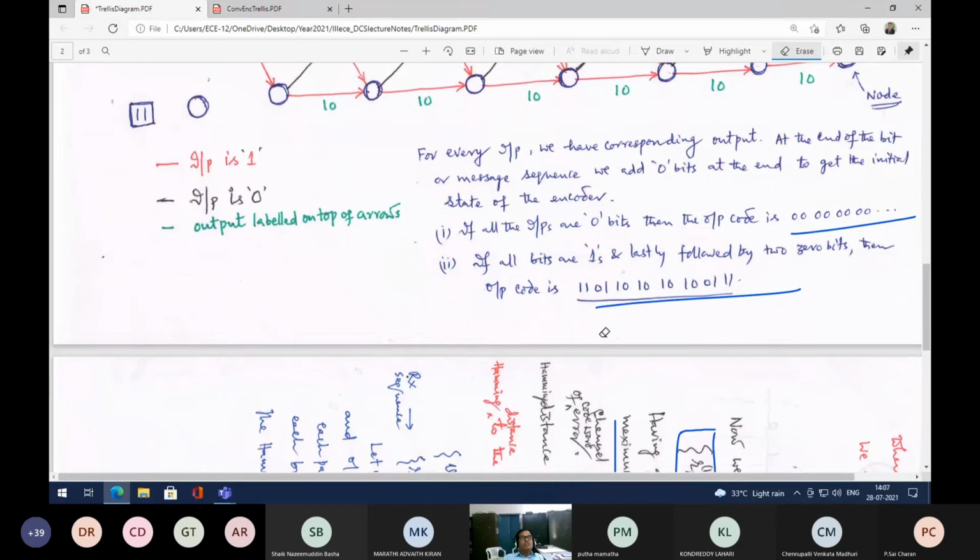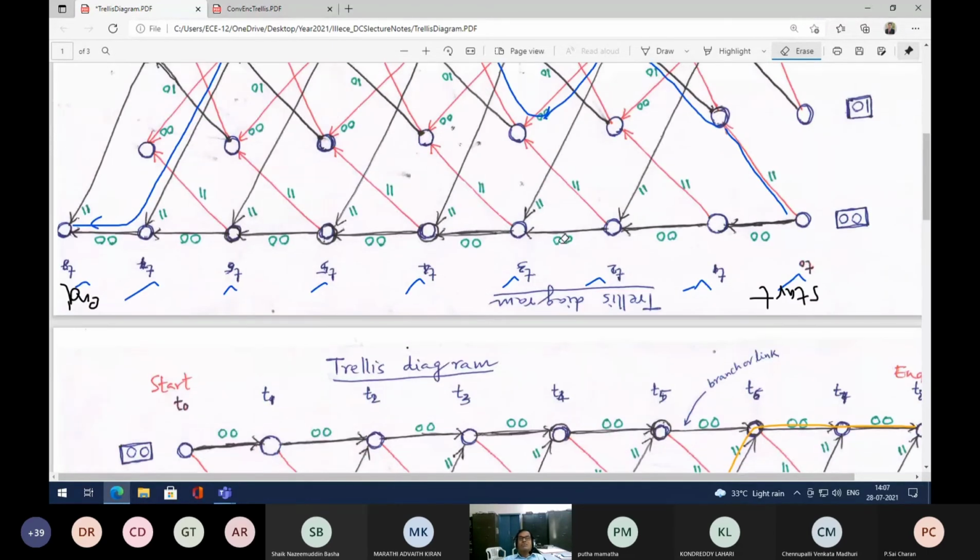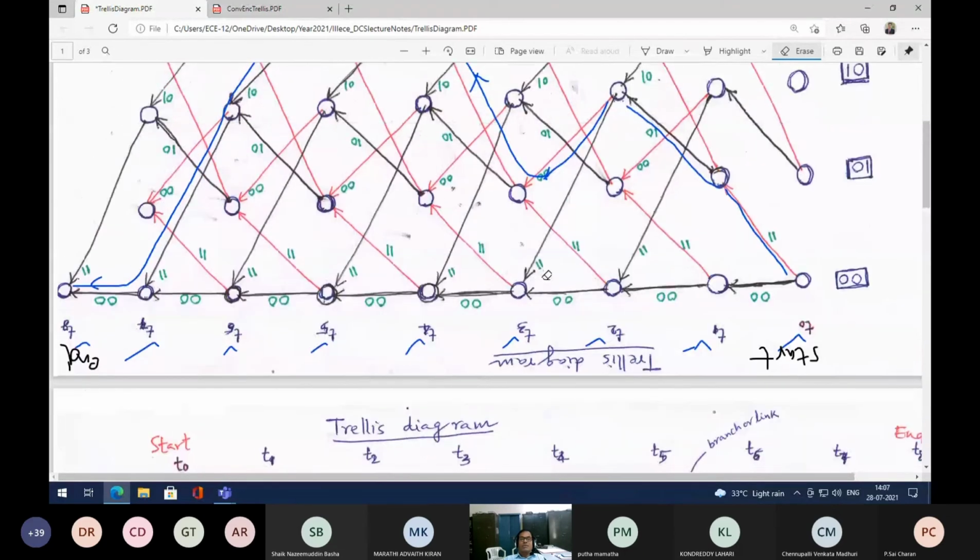Likewise, I have to find out the Hamming distance with every code word, and whichever is showing the minimum Hamming distance, that is the closest sequence with respect to the received sequence. That is the ultimate aim, that's our goal basically.